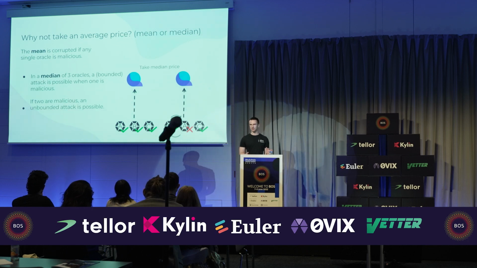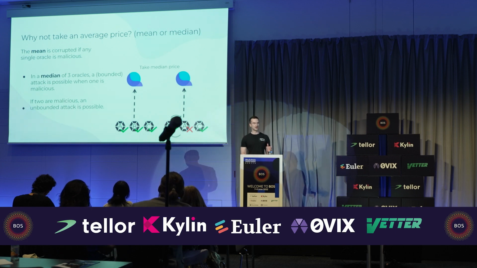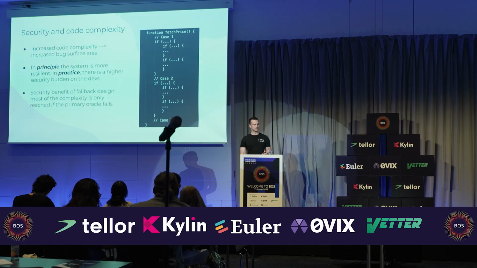It's a bounded attack because they can only insert themselves between the two honest oracles. But if they controlled the two weakest oracles, they could choose any price they wanted. So we ruled out a mean or a median as well, and we went with this fallback approach.